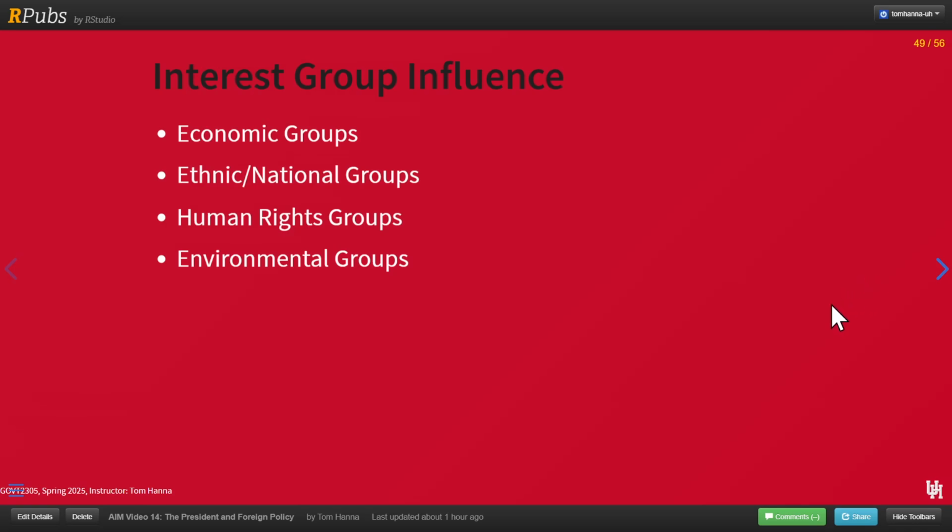Amnesty International is not shy about mentioning specific times when the United States is not living up to our own standards on human rights, and sometimes we fail to do that. Greenpeace is not shy about pointing out when the United States does not live up to our own standards on environmental issues, and sometimes we do that. But they have some influence.